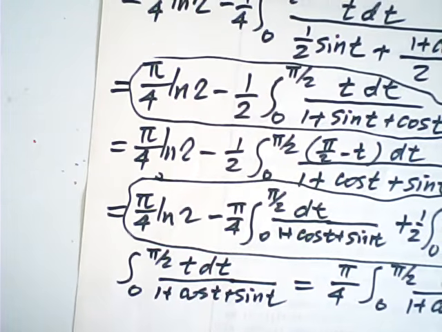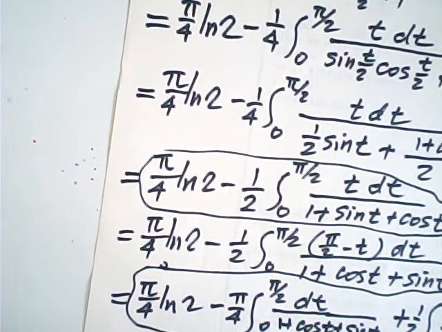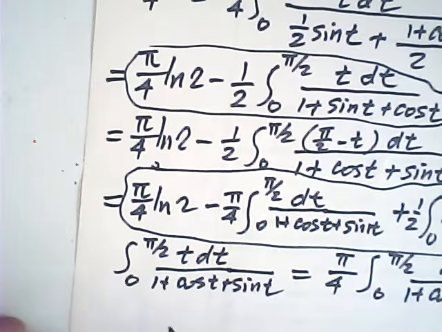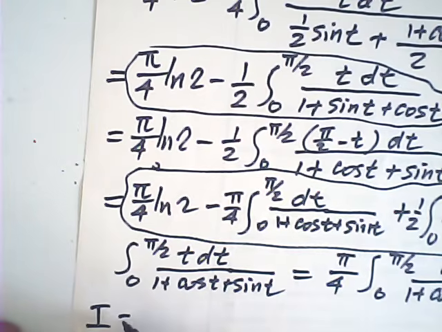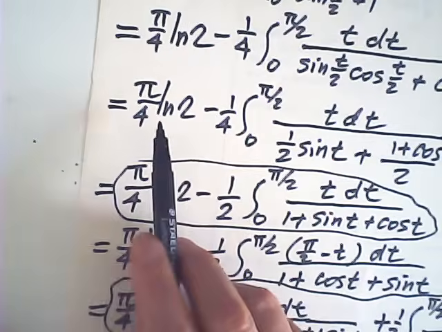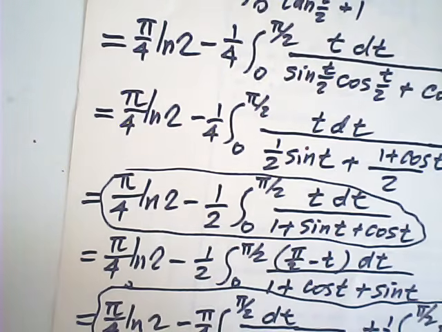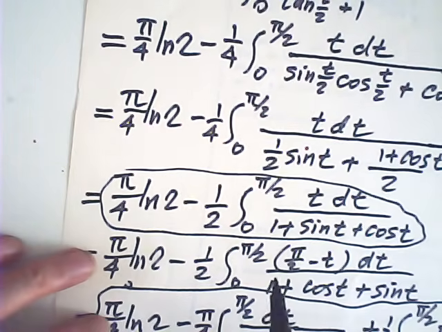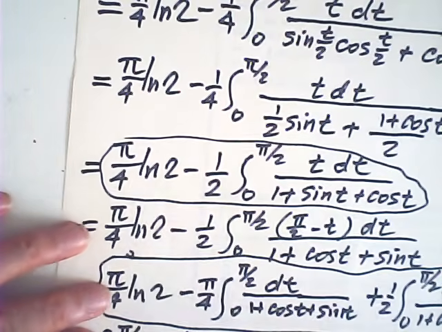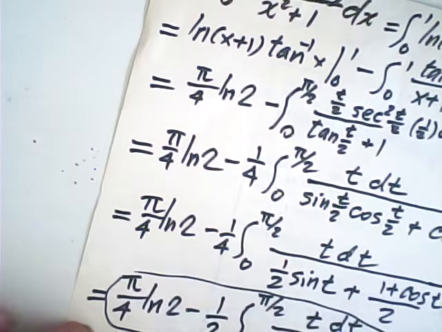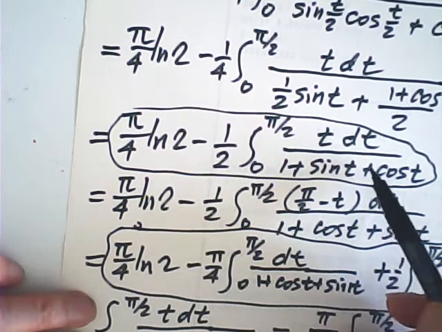So my I is equal to 1/4 pi log 2, that is this one, minus 1/2 times this.